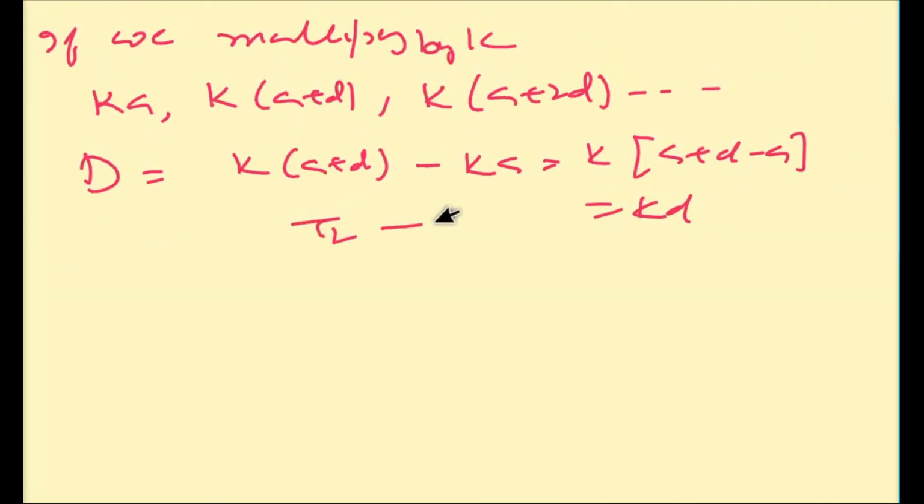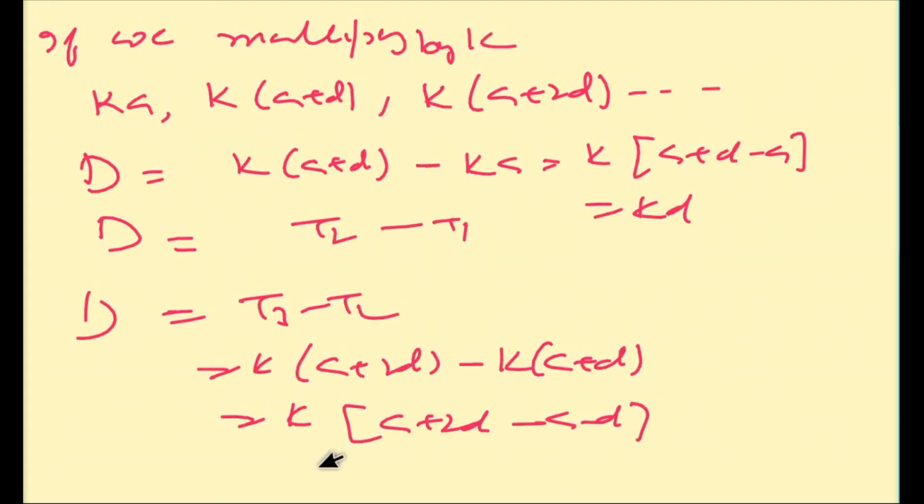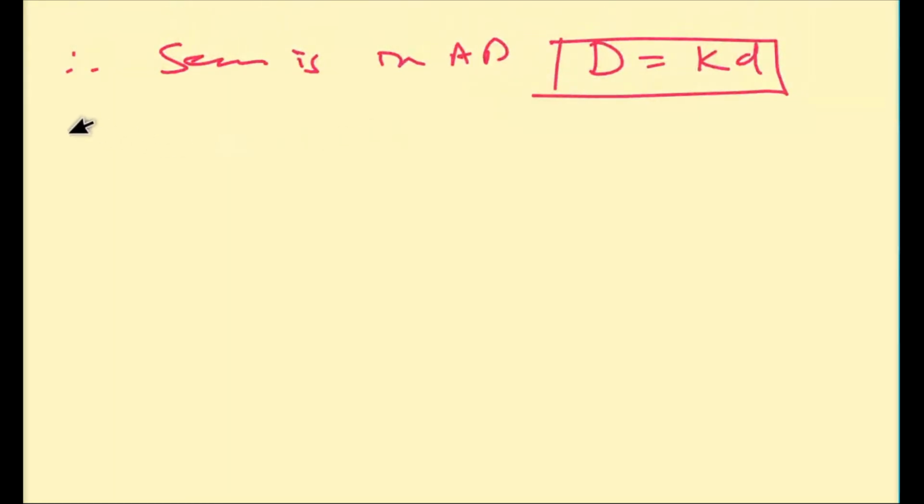Now t3 minus t2 is k times a plus 2d minus k times a plus d, taking k common, a plus 2d minus a minus d, we get kd. So what did we conclude? The series is in AP, but the common difference is k times the previous difference.